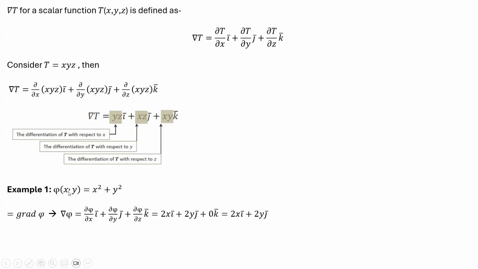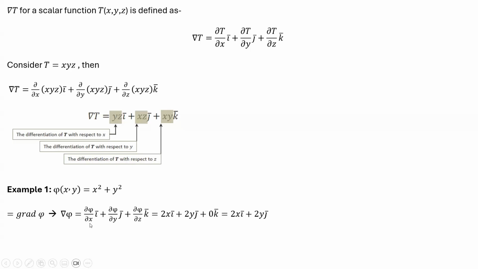Now, we'll see one example here. We have been given phi of x, y, and the function is x squared plus y squared, and we have been told to find its gradient. We can either write grad phi, or we can use this operator on phi, and then set up the formation like this. Then we insert the values.